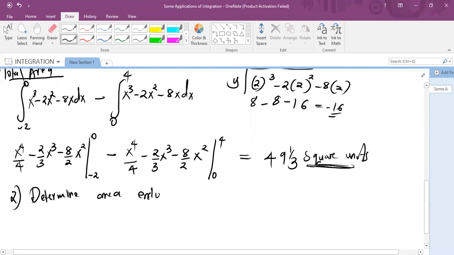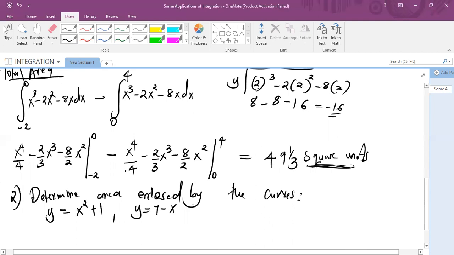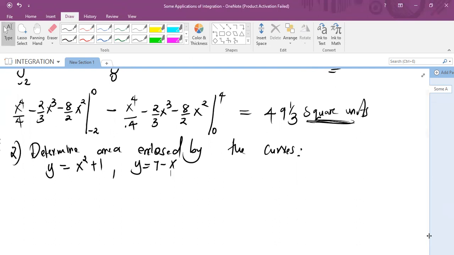The curves are curve y is equal to x squared plus 1, and the other curve is y is equal to 7 minus x. So the first thing is for us to really have a rough sketch of this curve so that you can know how exactly it looks like.